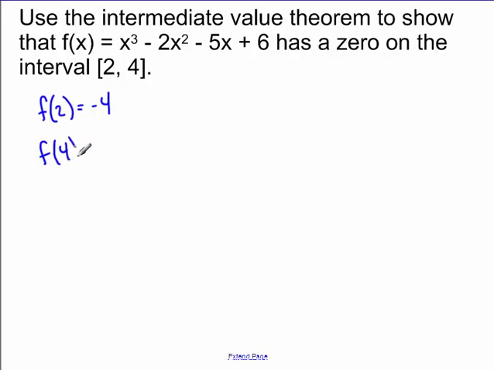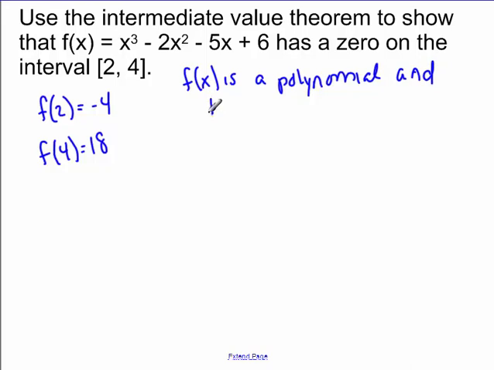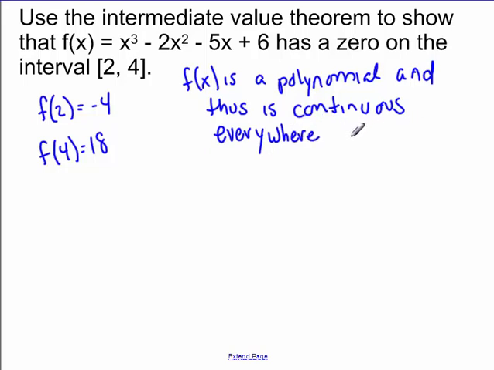Find f of 4, which is equal to 18. f of x is a polynomial and thus is continuous everywhere. You have to state that piece about continuity in order to use the intermediate value theorem.